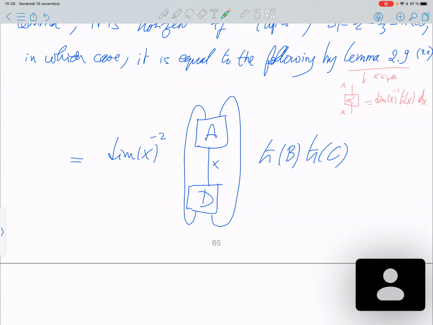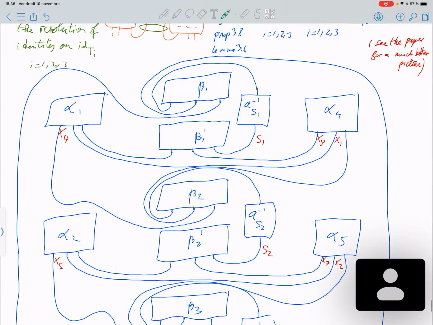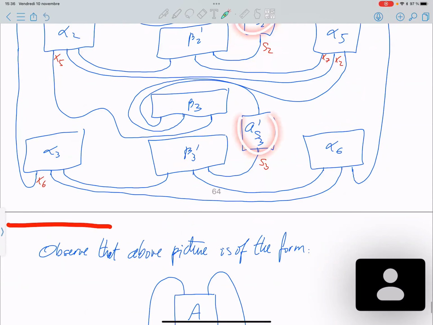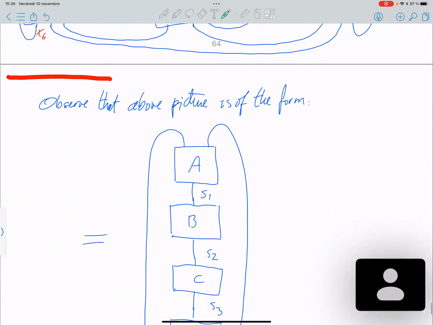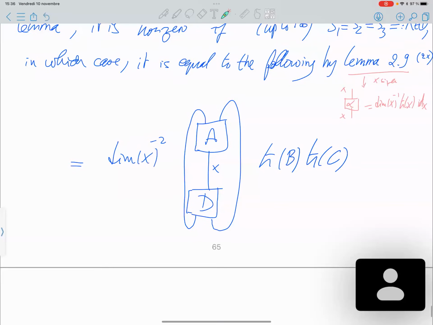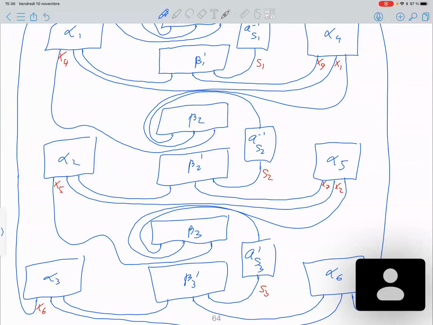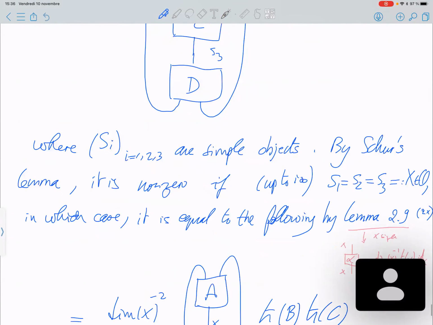Okay, just a small remark. Here we have a pivotal structure, and here, this is power minus 1. But you have the trace.